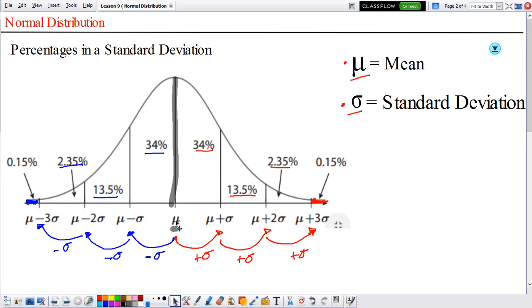If you're at the mean and you move one standard deviation, you will gain 34%. If you move another standard deviation, you will gain 13.5%, and so on. If you move to the right, you're adding standard deviations, and if you move to the left from the mean, you will get the following percentages in blue. So now, how can we put this idea into practice? Well, let's look at some examples here.